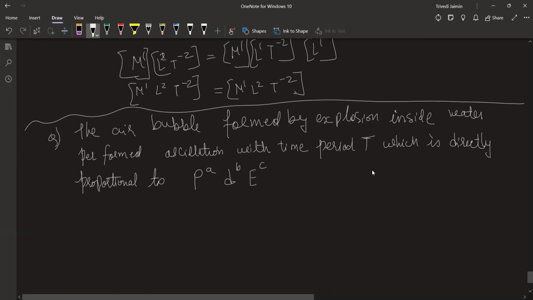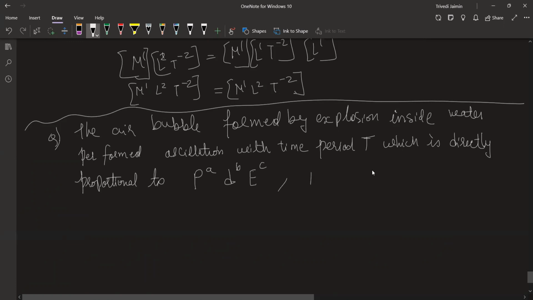If E is square, it will be in the numerator squared, like that. Whatever it is, I'm just giving you an example, that we need to find out A, B, C. If E is 1/2, that means under root E. That will be our formula, that we'll see.